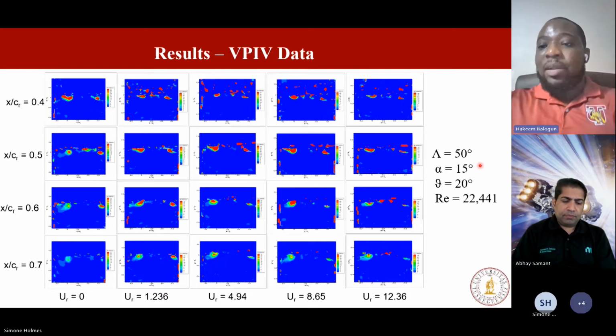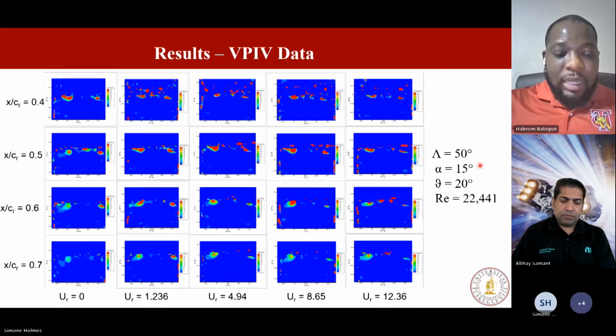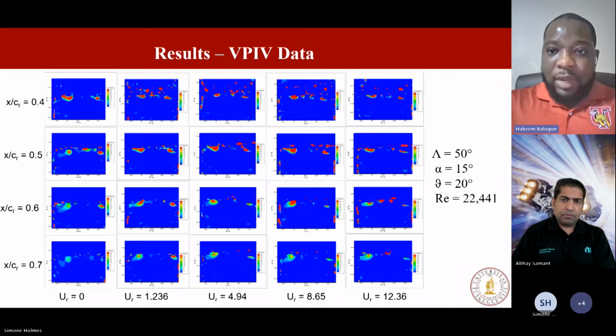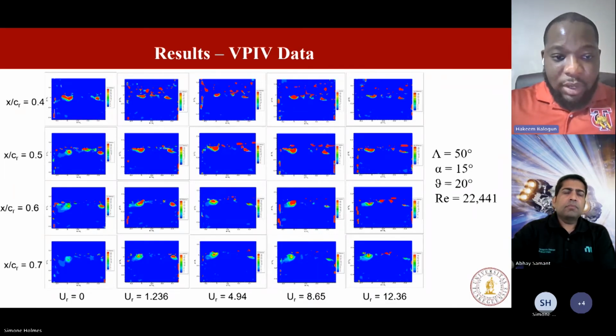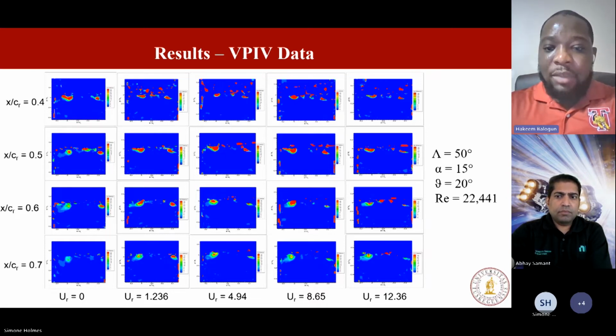This is a consequence of the development of the vortices as they go down the chord, and as they break down, the influence of trailing edge jets is pretty pronounced. So for instance, at X over CR 0.6, for a jet velocity ratio of 0, the vortical structures show signs of expansion, and that's evidenced by the reduction in the values of Q criterion.